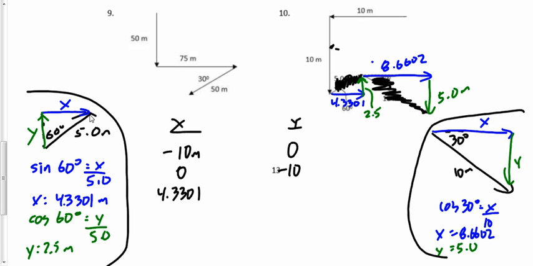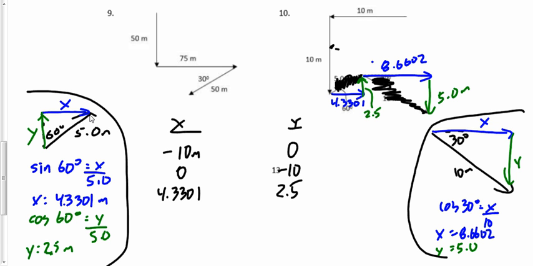It's the 5 meters here. So we say the x component is 4.33. You did that correct. The y component is? Yeah, good. It's actually 2.5, but it's hard to read that. So, yeah. They're both positive because the x component is to the right and the y component is up.